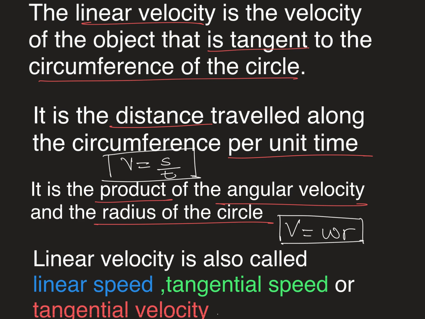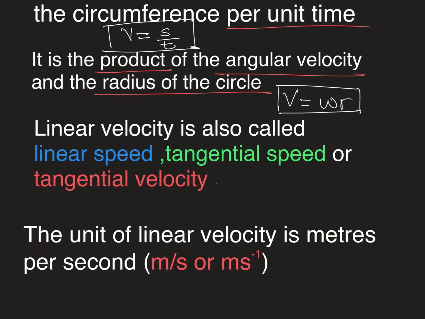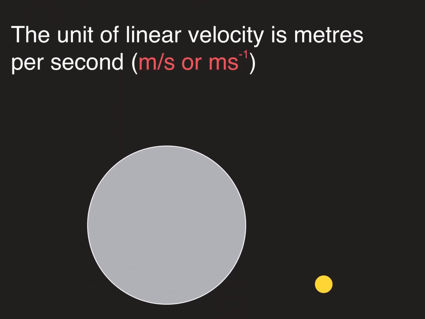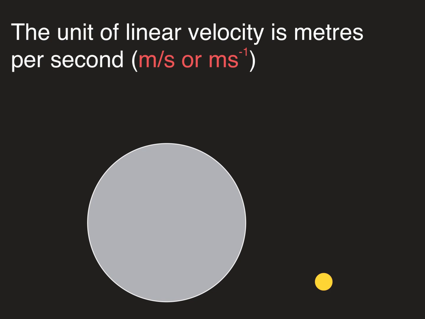So for now, these are the two formulae that you have to familiarize yourself with. One thing that is important for you to know is that the linear velocity can also be called the linear speed, the tangential speed, and the tangential velocity. The word tangential there is important because it tells you the direction of the linear velocity with respect to the circumference of the circle.